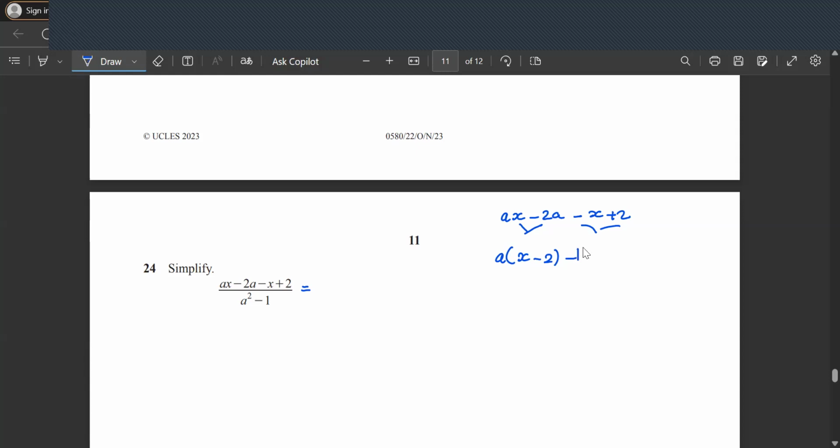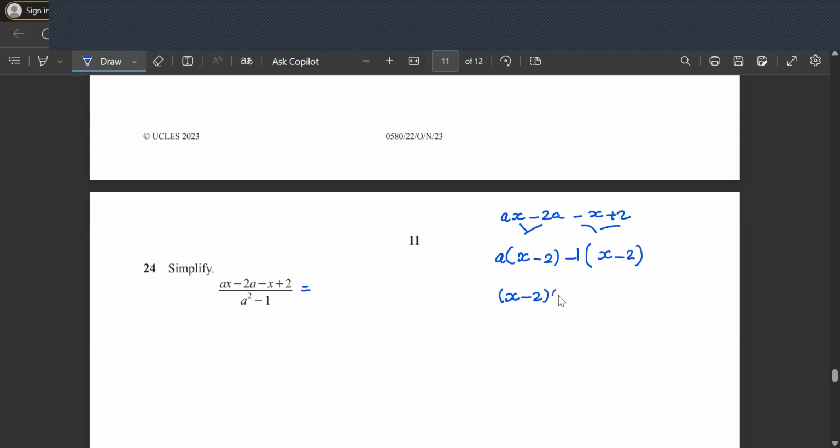And believe me, I will tell you why you would write 1. Then open bracket. Negative x divided by negative 1, x. Then positive 2 divided by negative 1, negative 2. Now, you got a repeated bracket. So write the repeated bracket away first.